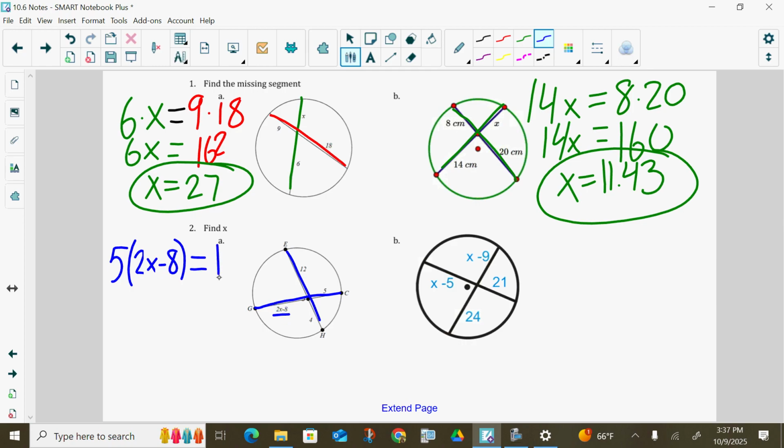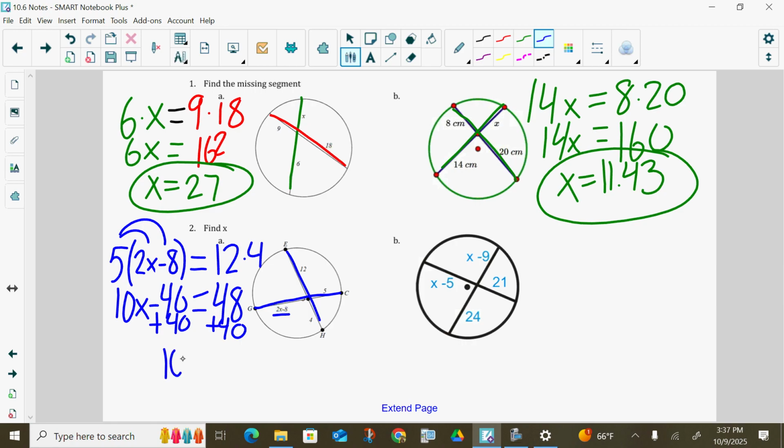So that's set equal to 12 times 4. 12 times 4 will give me 48. And on the left side, I'm going to need to distribute. So I'm going to have 10x minus 40 when I distribute that 5. Now I'll move 40 to the other side. And I will get 10x equals 88. When I divide both sides by 10, I'll end with x equals 8.8.